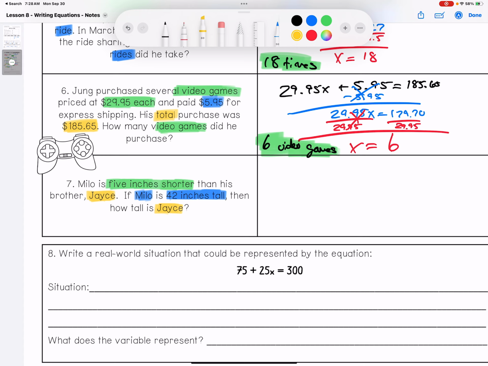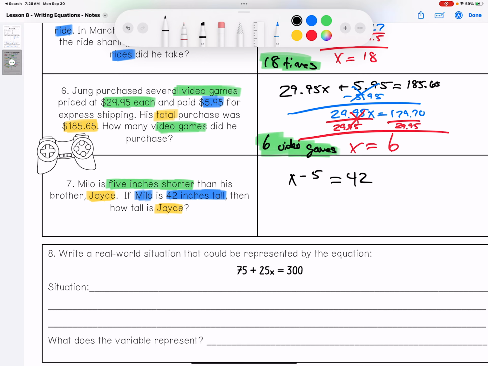The only number we know is that Milo is 42 inches tall, so it's going to equal 42. Jace is x, because he's what we don't know. Milo is 5 inches shorter than Jace. So x, which is Jace, minus 5 inches equals Milo's height.